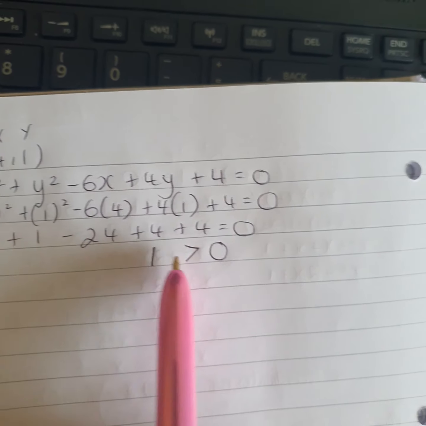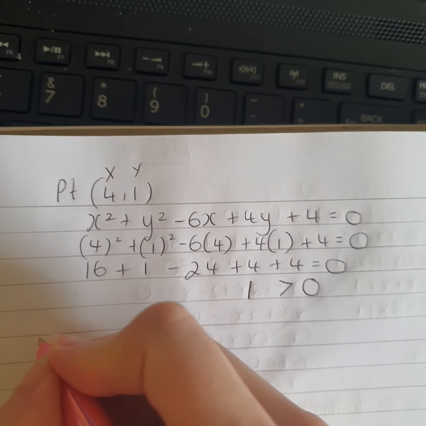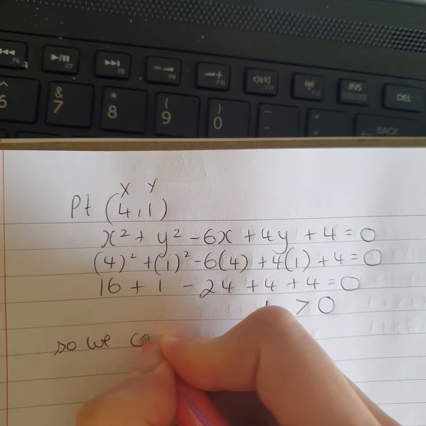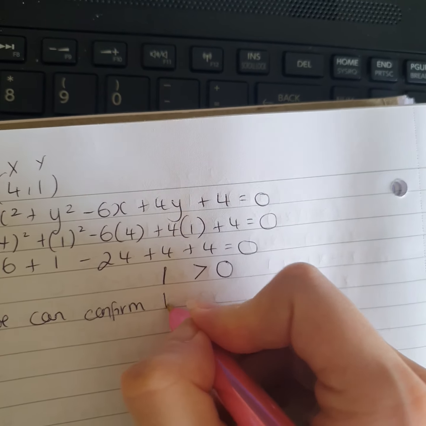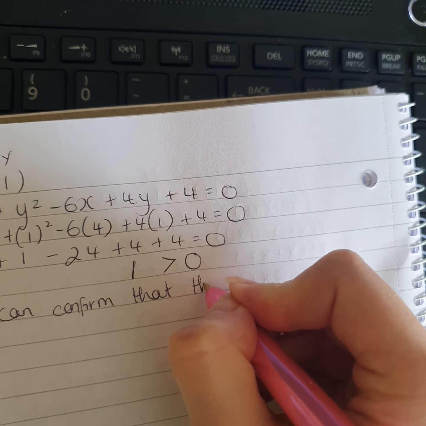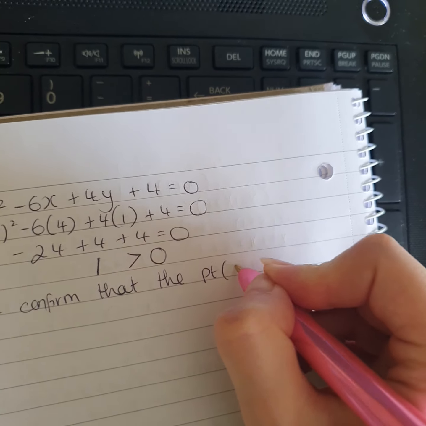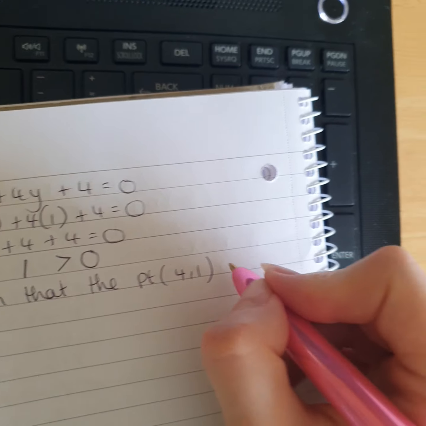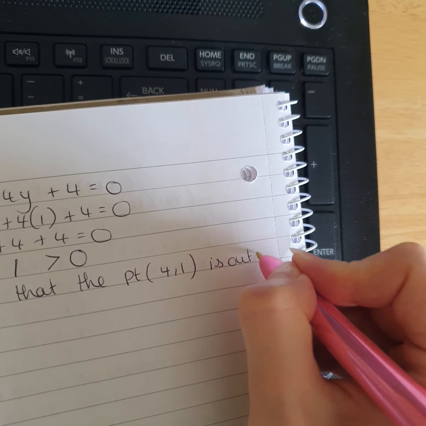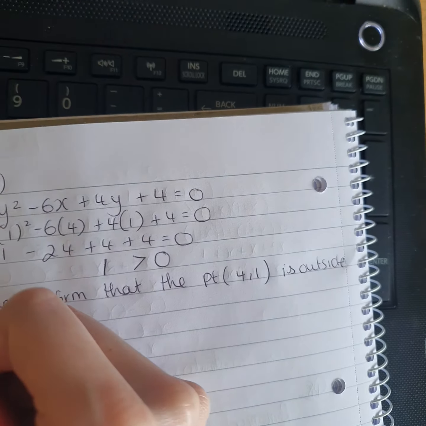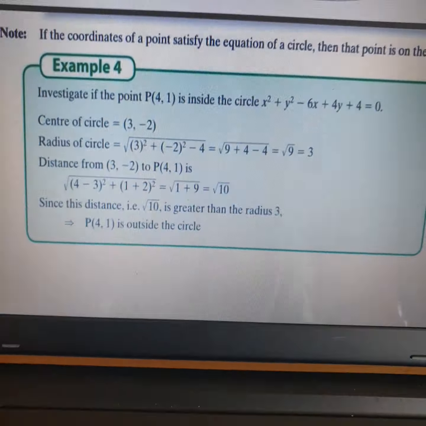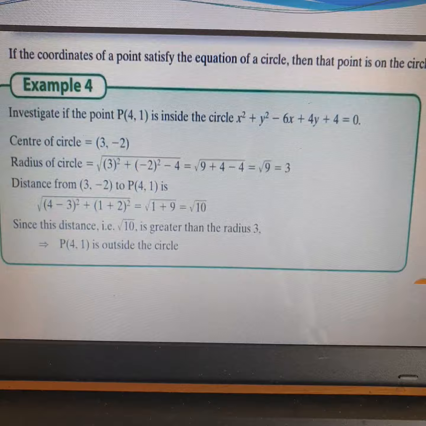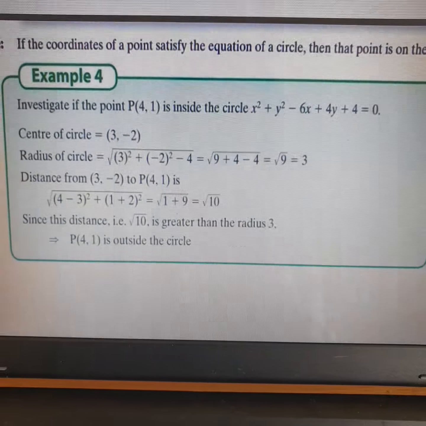What I got here was that 1 is greater than 0, so we can confirm that the point (4, 1), which is point P, is outside the circle. And that's what you got in the example here. Okay, so hopefully that makes sense, and I'll give you a few questions then to try on that.